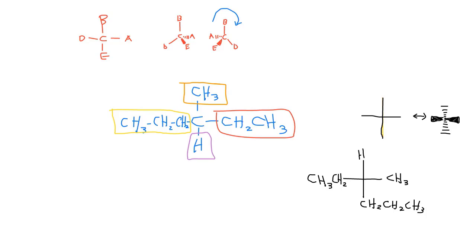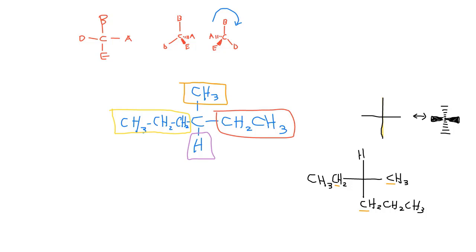What I'm going to do is determine the priority by looking at the first atom to which each group is bonded. The first atom is the same in each of the bottom three cases. It's a carbon, carbon, and a carbon, right? So then I look at the next atom bonded to that carbon.